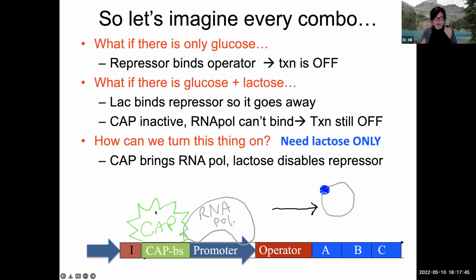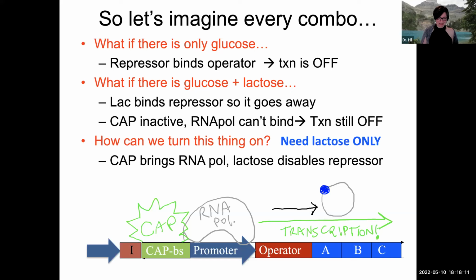Meanwhile, no glucose. No glucose means ATP levels are low, cyclic AMP levels are high, CAP is activated, it brings RNA polymerase to the promoter. Do we finally get transcription? Yes, we do. Thank goodness. Okay.